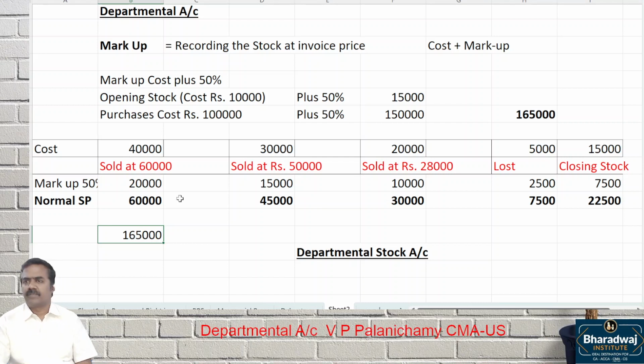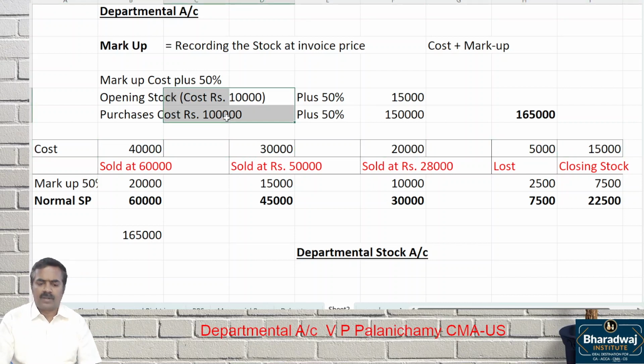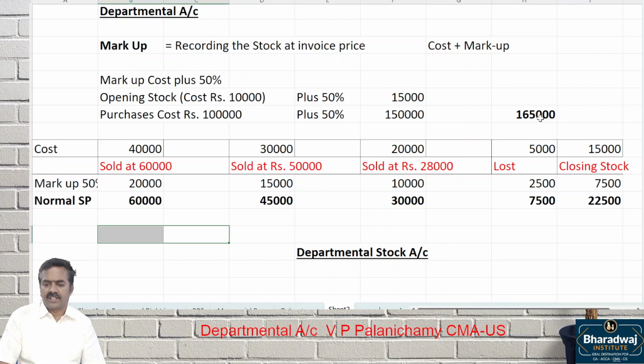Otherwise, what is the opening stock cost? 10,000. What is the purchase cost? 1 lakh. Look at the cost of items: 40 plus 30 plus 20 plus 5 plus 15. What is the total of cost? It will be 1,10,000. What is the normal selling price of these goods? 1,65,000.